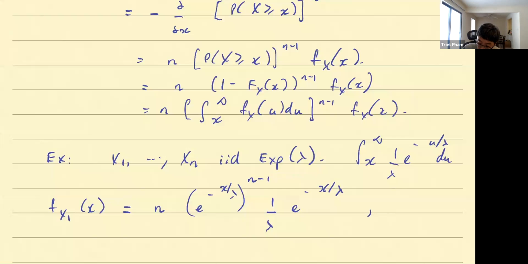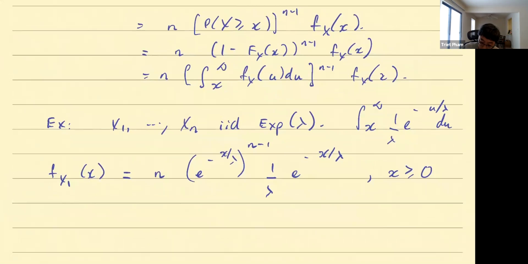So in other words, here the range of the min is still x non-negative. Nothing changed in that regard. So if the population is from A to B, then the order statistics is from A to B. Okay. If the population is from 0 to infinity, then the order statistics is from 0 to infinity.